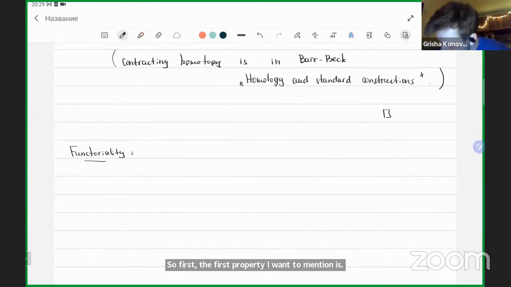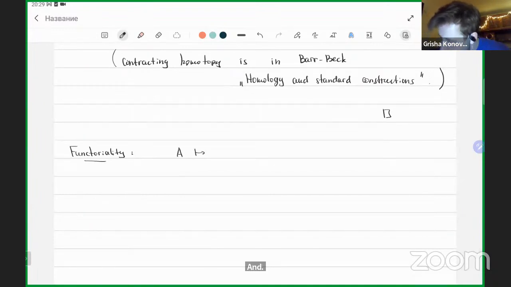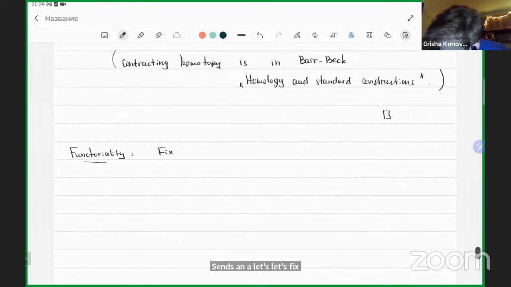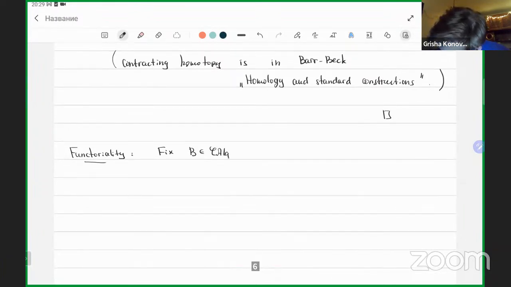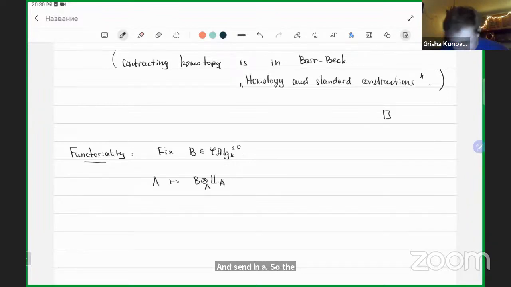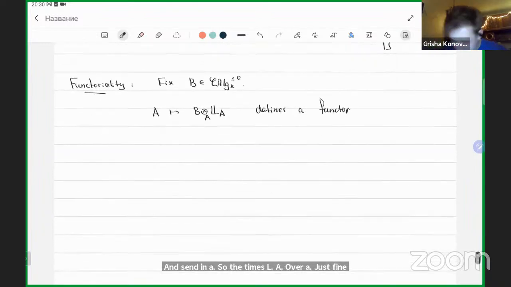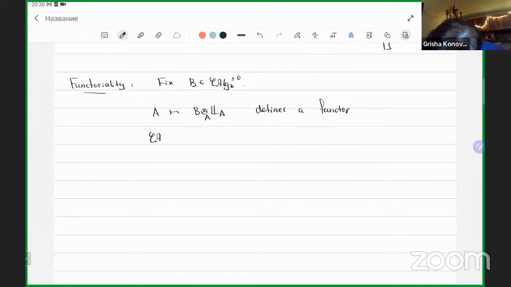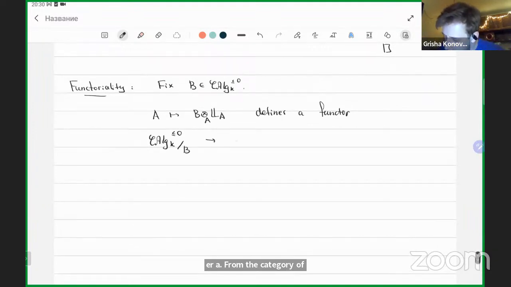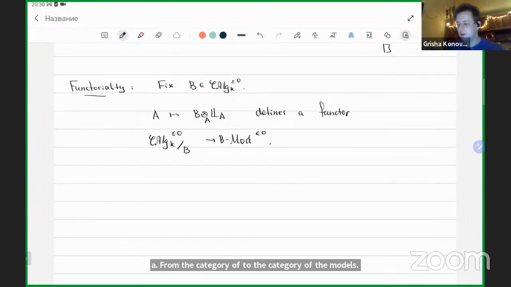Let's fix an algebra B. Sending A to B tensor LA over A defines a functor from the category of algebras over B to the category of connective B-modules.